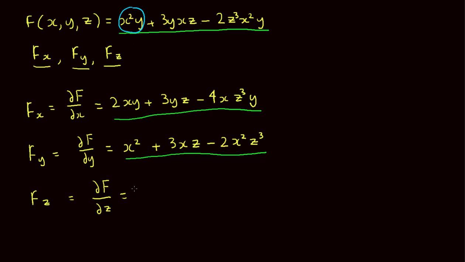Then here we take 3yx minus, 2 times 3 becomes 6z squared x squared y. So this is the case for del f del z, the partial derivative for this question. So we've managed to solve this particular question. That is your fx, your fy, and your fz.